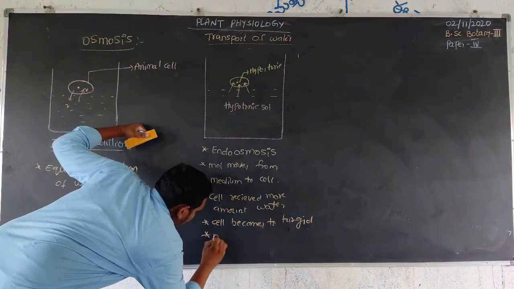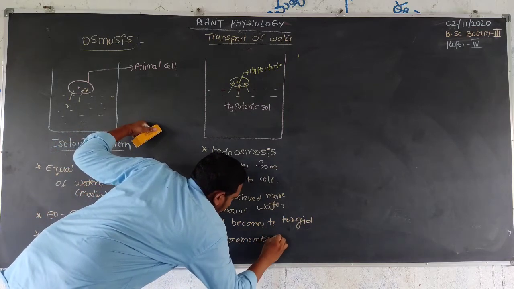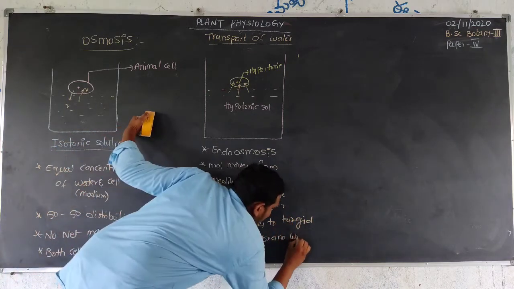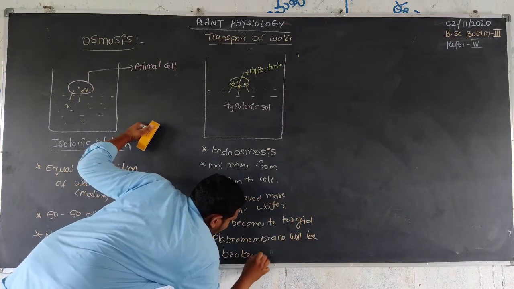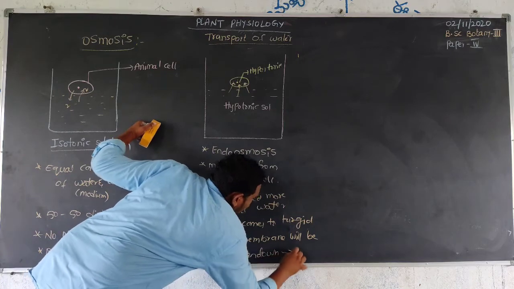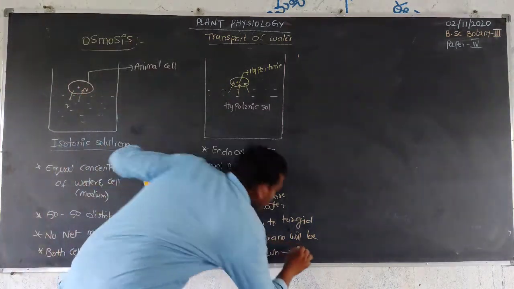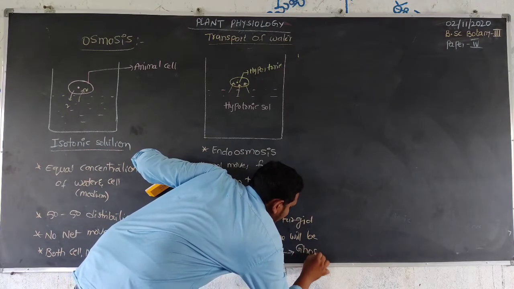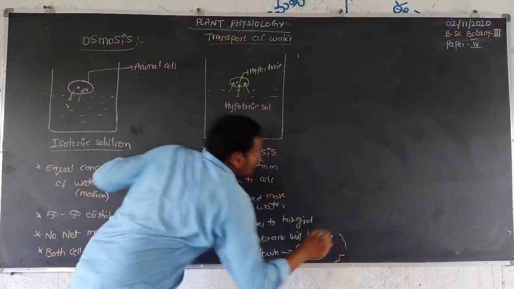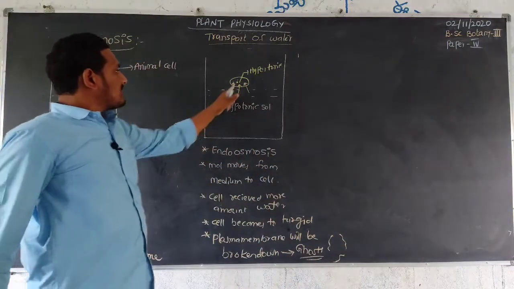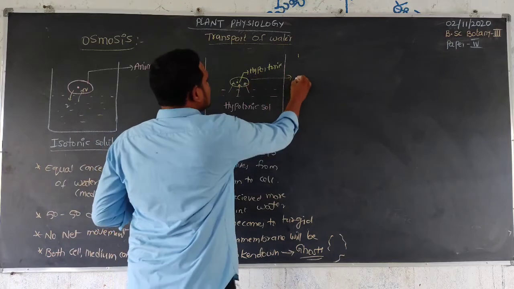So the plasma membrane will be broken down, and as a result the cell breaks into pieces, that is the formation of ghosts. A ghost is nothing but the pieces that come out when the cell breaks into pieces.